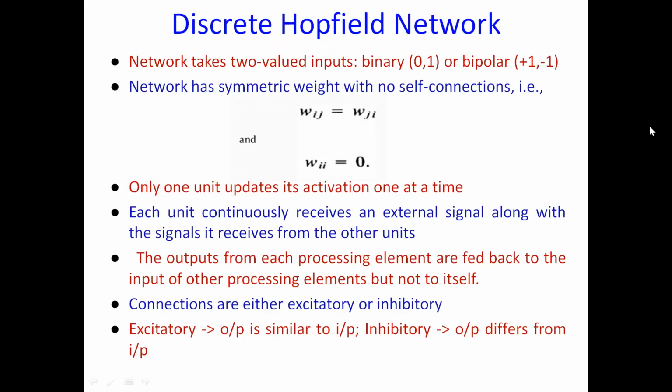That is why it is called no self connections. And here the connections are either excitatory or inhibitory, a concept we had in the previous class. What do these two terms mean? Excitatory means the output is similar to the input, and inhibitory means the output differs from the input.